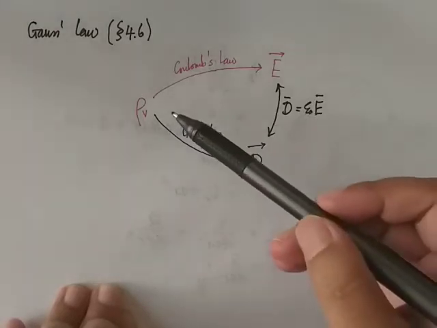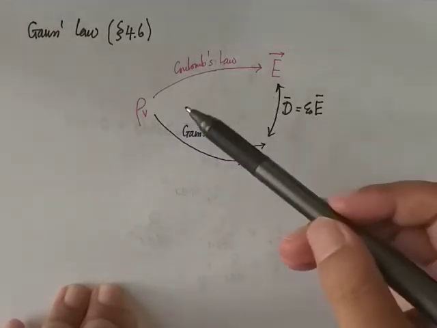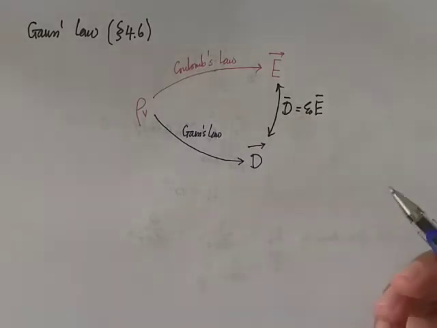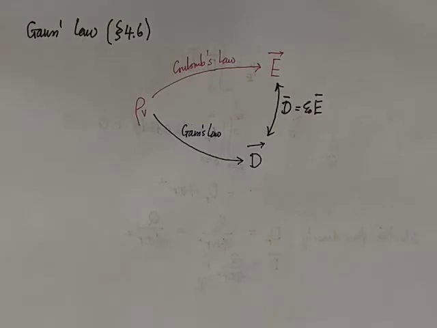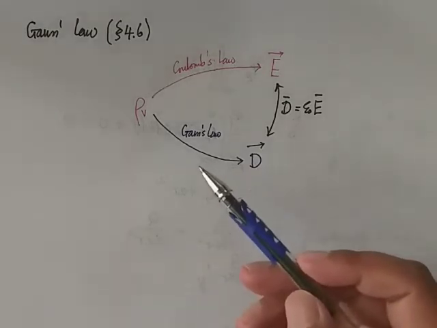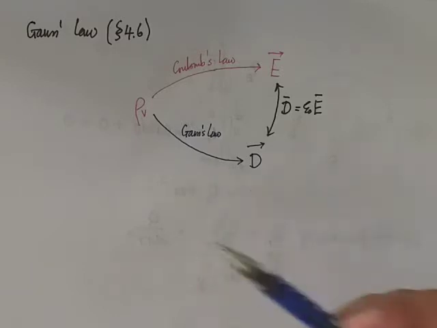Okay, you can use Coulomb's law or Gauss's law. It depends on you. You decide which law you want to adopt in your solution. As I mentioned, Gauss's law is a simpler method compared to Coulomb's law mathematically. Unfortunately, not all cases can use Gauss's law as the applied approach.